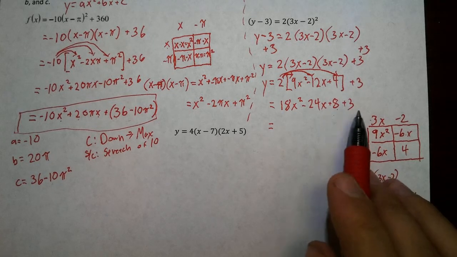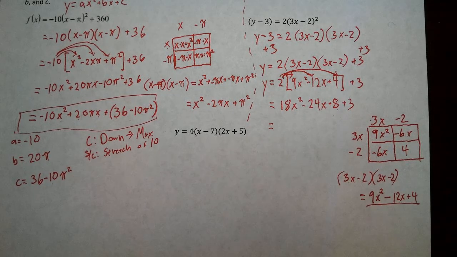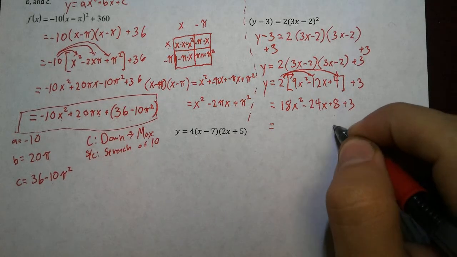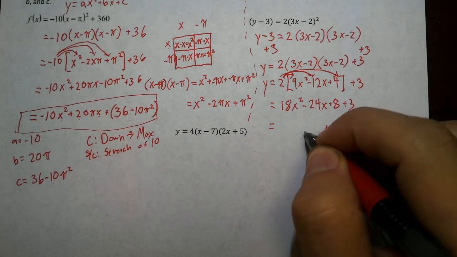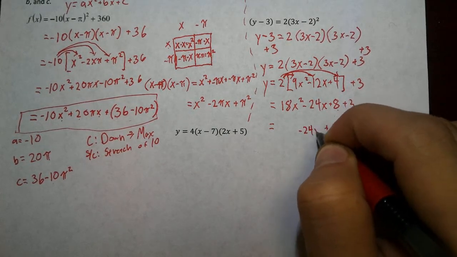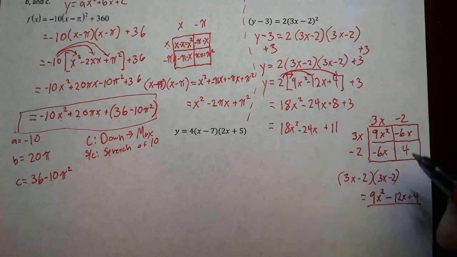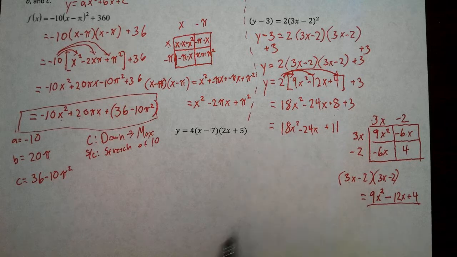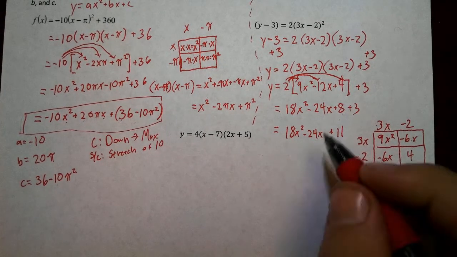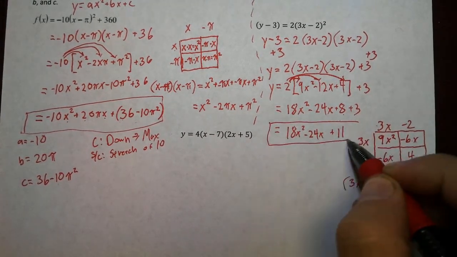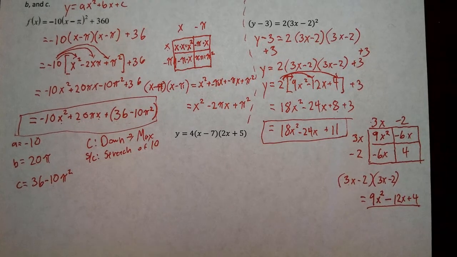Right, and those are our like terms. They don't have a variable in them, so we can combine those. 8 plus 3 is 11. So we have negative 24x plus 11 and 18x squared in front of it. Right, and so that is our standard form. Beautiful. Excellent.